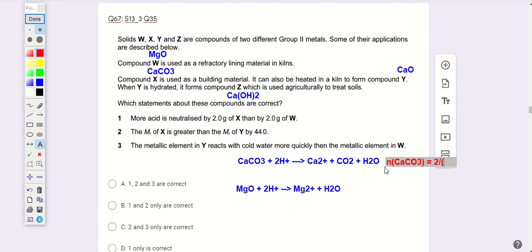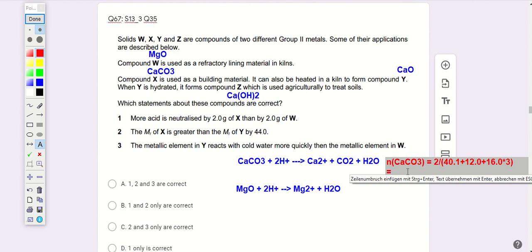Calcium is 40.1, carbon is 12, oxygen is 16 multiplied by 3. So it should be 0.02. I round it up.